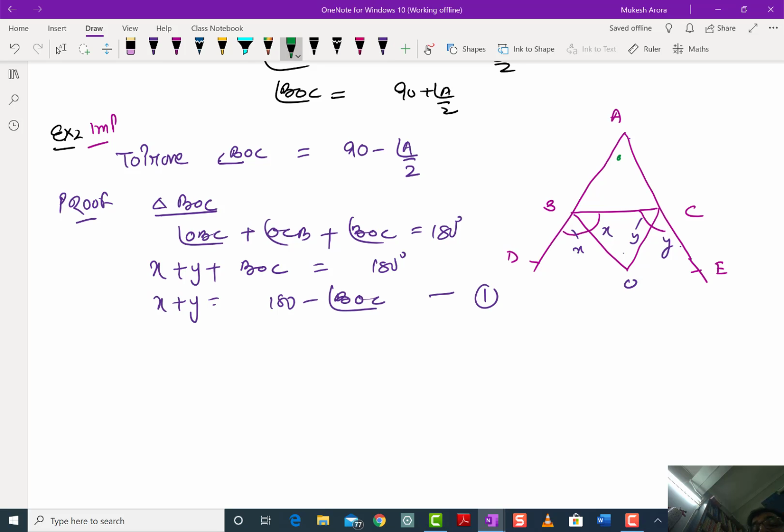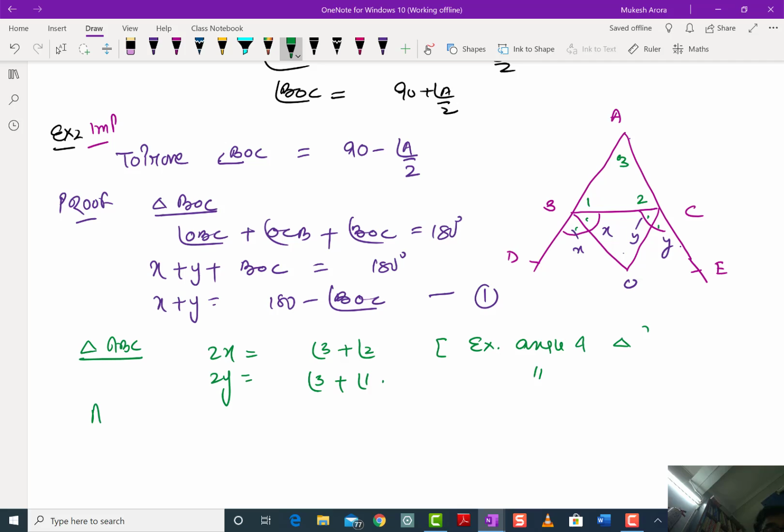Now we need x and y also. What relation is this? This is the exterior angle. So in triangle ABC, 2x is equal to angle 3 plus angle 2, exterior angle. Similarly, 2y is equal to angle 3 plus angle 1.